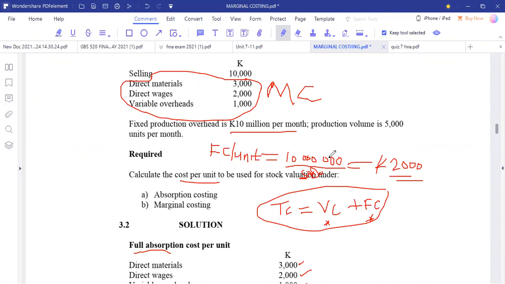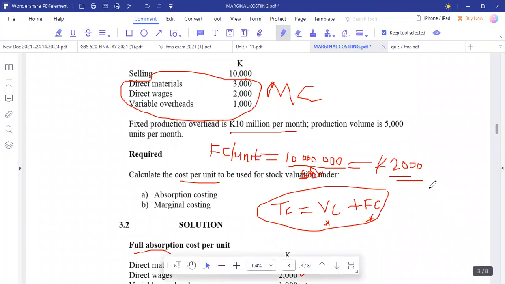Material will vary according to how many units you are producing. Then the direct wages will account for how many units you are producing, so how many people you are going to pay is based on your production. And then variable overheads, all these are variable costs. So these three go to marginal costing, because marginal costing deals with only the variable cost of production in order to find the contribution.